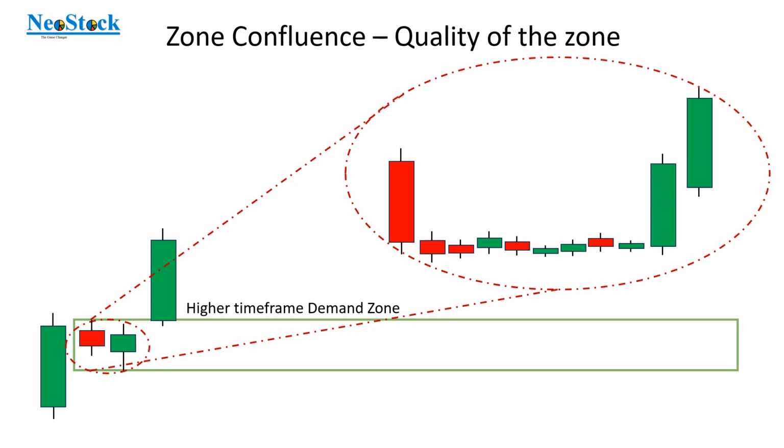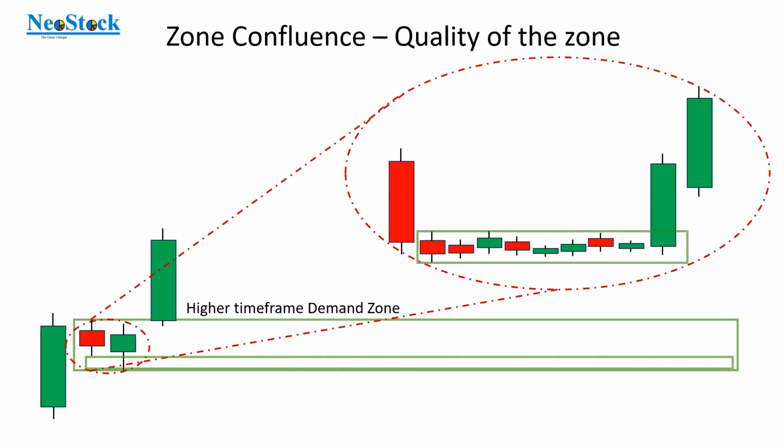See, we have 8 base candles. We have a drop, 8 base candles, and then a rally. When so many candles are there, you already learned in the phase 1 training program: if a zone has up to three base candles, the quality of the zone is excellent, extraordinary.